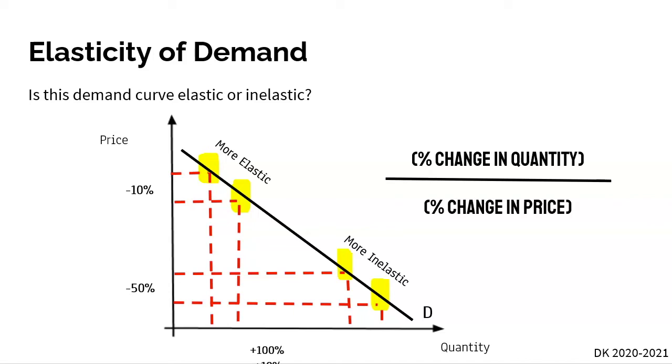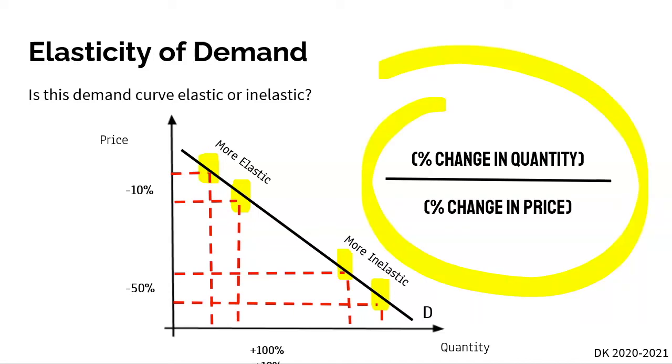Our equation to determine elasticity is this right here. The percent change in quantity over the percent change in price is going to give us the elasticity coefficient. If that number is less than 1, it is inelastic. If that number is greater than 1, it is elastic.